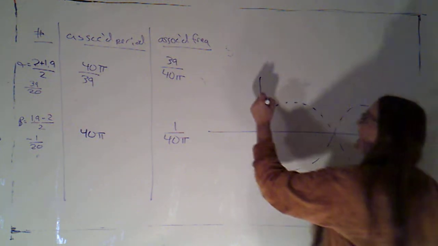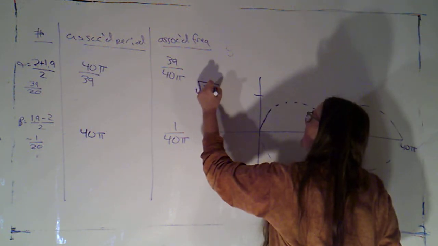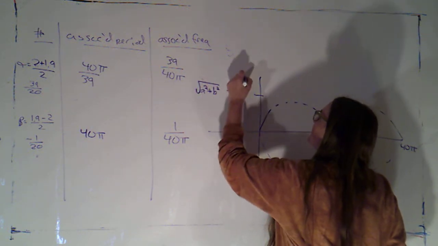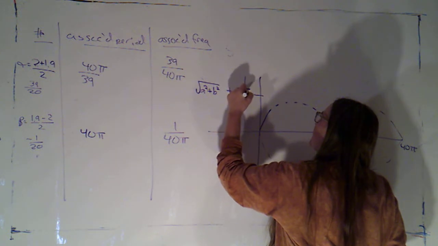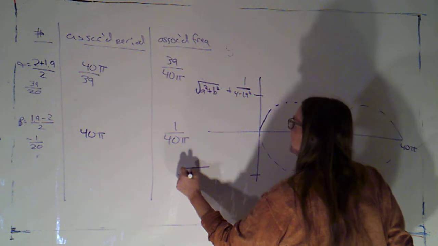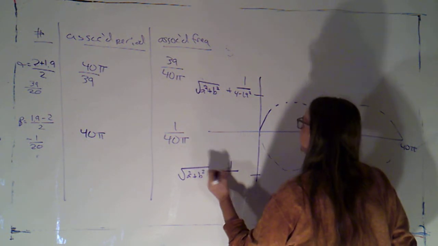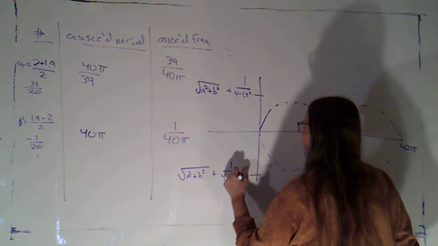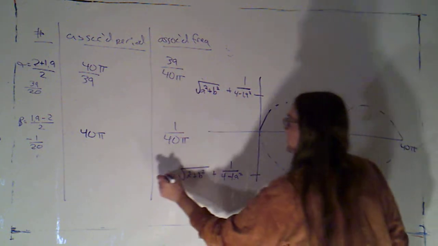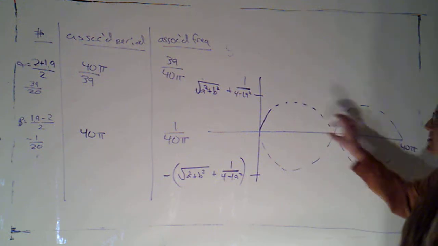The amplitude, we said, was the square root of a squared plus b squared plus 1 over 4 minus 1.9 squared. I'm okay if you can remember that it's the sum of those amplitudes. I'm not concerned that you simplify 1 over 4 minus 1.9 squared. This would be the opposite of that, of course. So those are my highs and my lows.